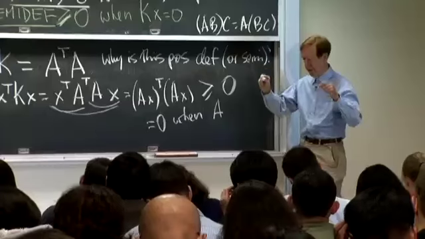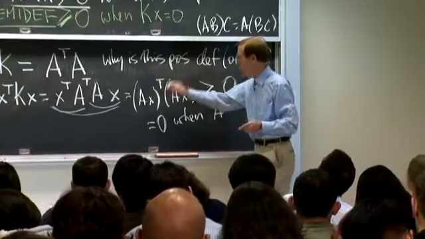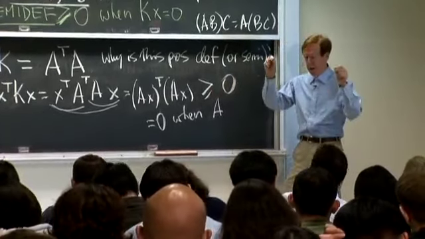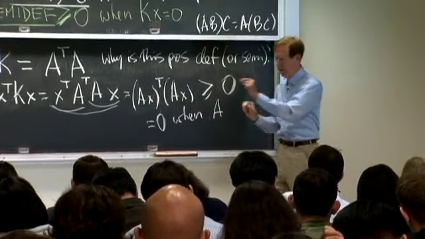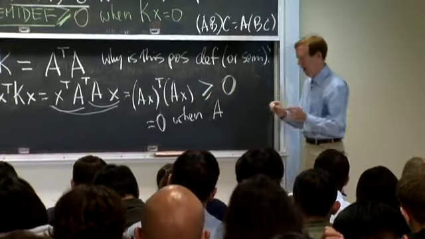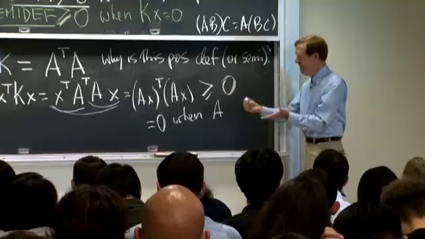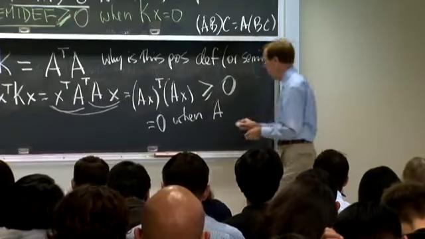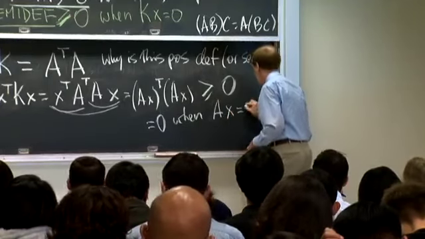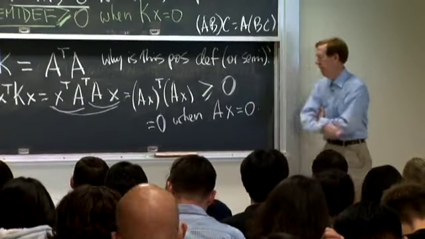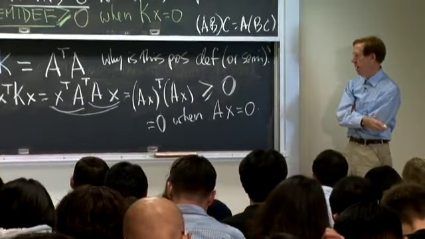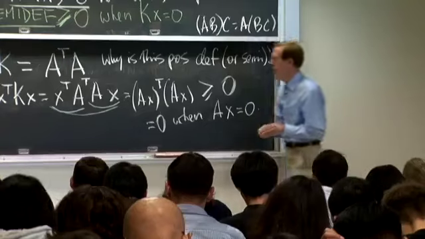Everybody's got that picture: when I take any y transpose y, I get y1 squared plus y2 squared through yn squared, and I get a positive answer except if the vector is 0. So it's 0 when AX is 0. Okay, that's going to be the key.